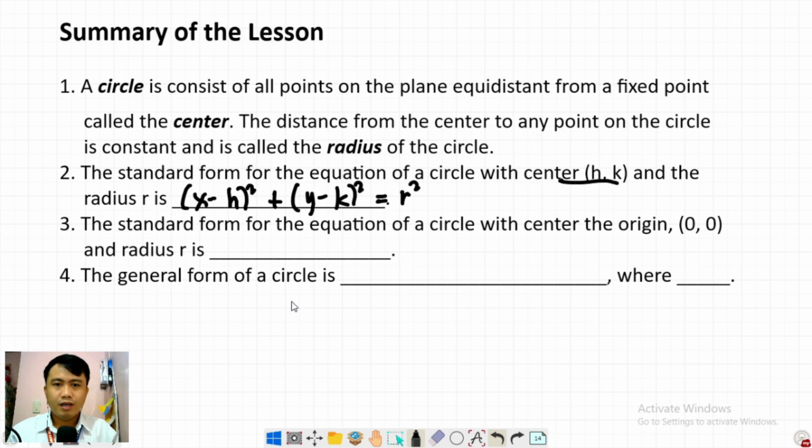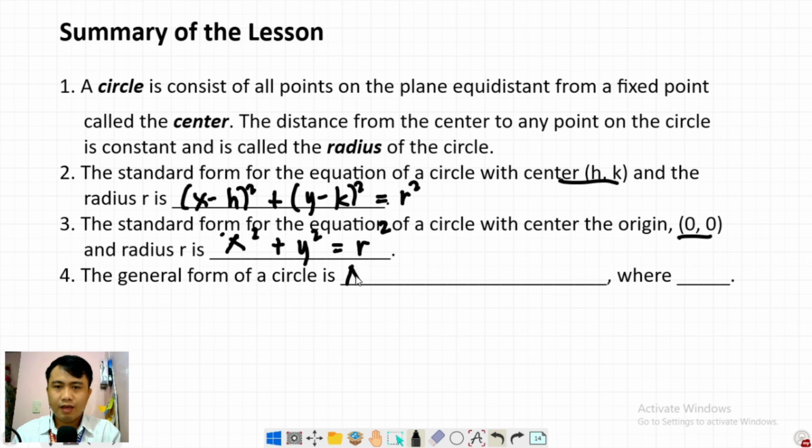Paano naman kapag 0, 0 yung center? We have, okay, so we have x² + y² = r². And that is the standard form when the center is origin. Okay, next, the general form of a circle naman.